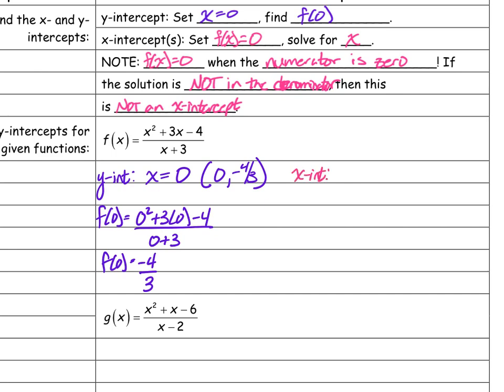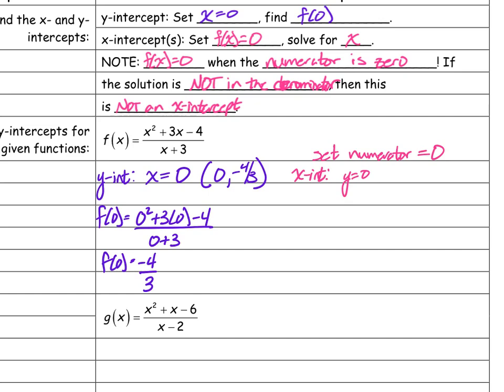X-intercept is where I set y equal to 0, or f of x equal to 0. So when I do this, I'm going to set my numerator equal to 0 and solve.